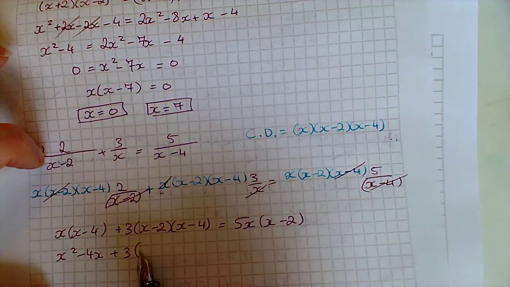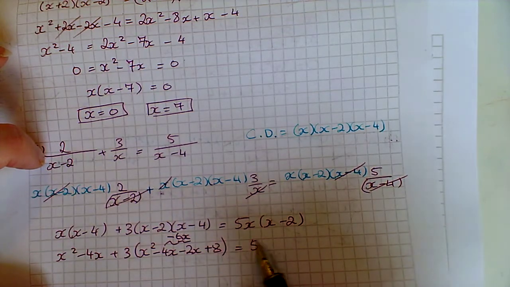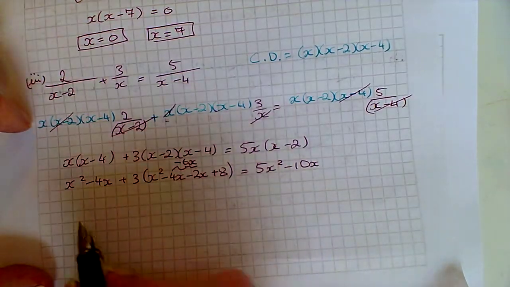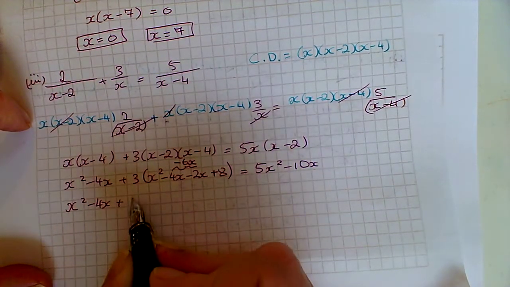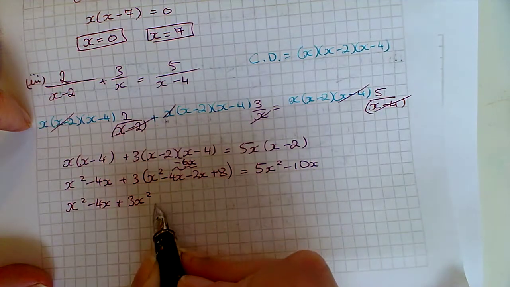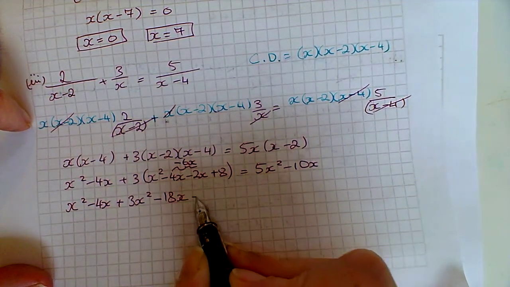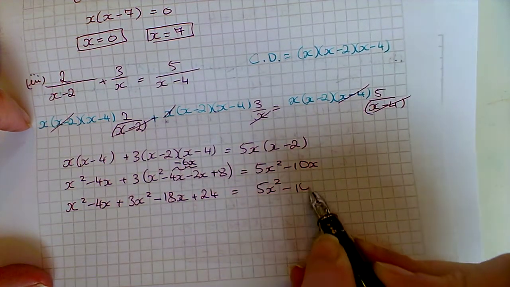I'll multiply out these brackets first. x squared minus 4x minus 2x, which is going to give me minus 6x plus 8, equals 5x squared minus 10x. x squared minus 4x plus 3x squared minus 18x plus 24 equal to 5x squared minus 10x.